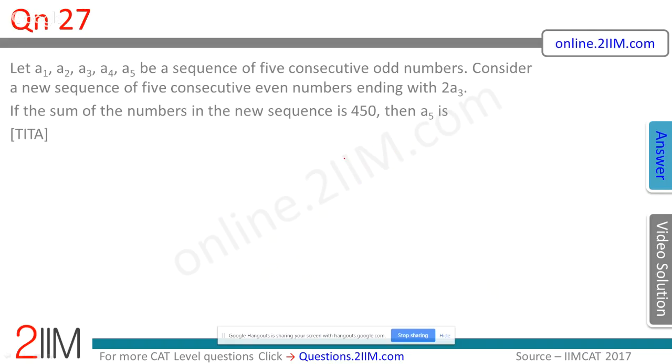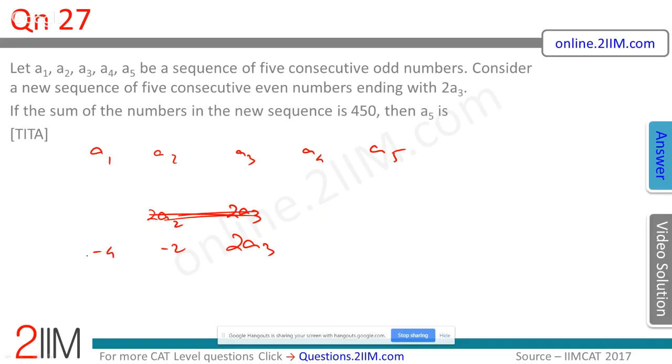A1, A2, A3, A4, A5 be a sequence of 5 consecutive odd numbers. Consider a new sequence of 5 consecutive even numbers ending with 2A3. A1, A2, A3, A4, A5, 2A3, 2A2. Sorry, 5 consecutive even numbers ending with 2A3.